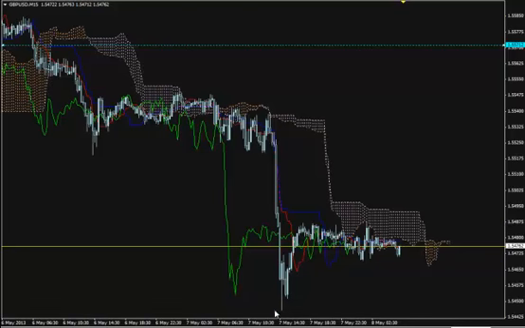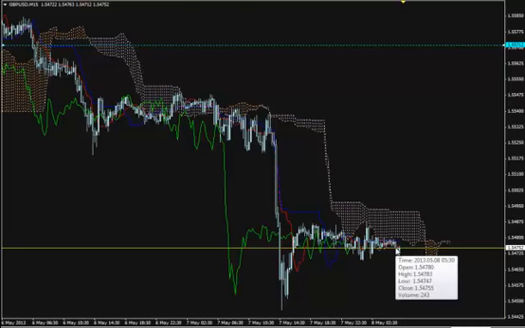So here is the dip of the price, the plunge, and all this sideways movement for so long means that we should expect a breakout pretty soon.